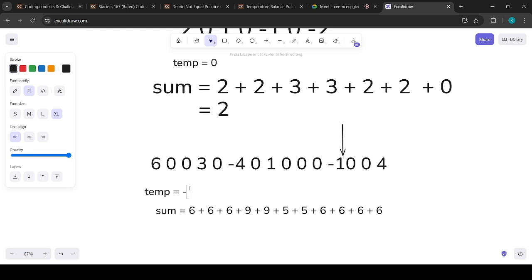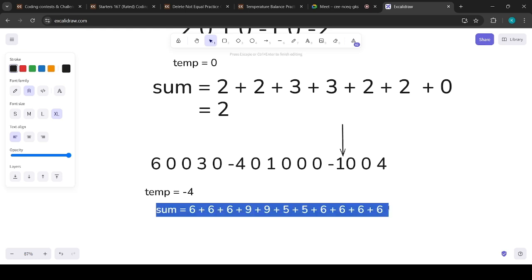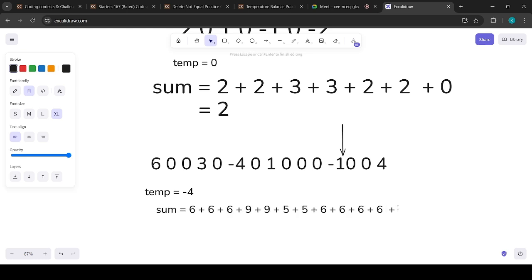But we have to take the difference, means deviation from 0. So we are taking this as absolute of 10. So it will not give us a negative number. It will give us the deviation, which is 4.